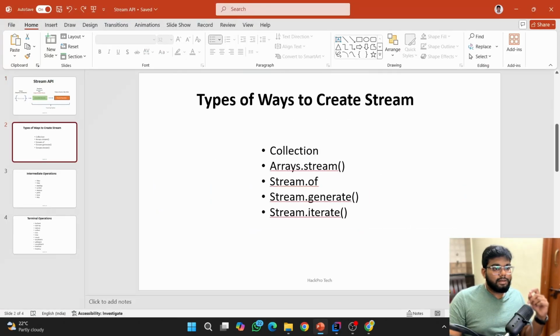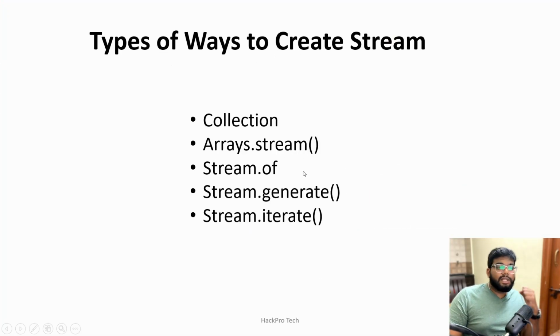The next question is how many ways are there to create a stream? There are multiple ways. If you see, Collection is one of the ways. Collection already has the stream method. Whatever collection you are using, if you put dot stream, you are converting that particular collection directly into a stream object. Then there is Arrays.stream, which means we already have arrays too, string or integer arrays that we create. Those arrays can also be converted directly into stream objects.